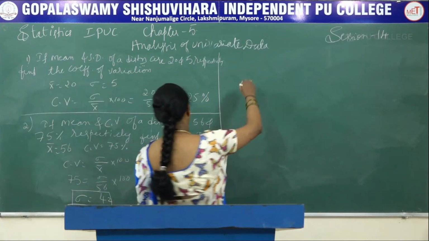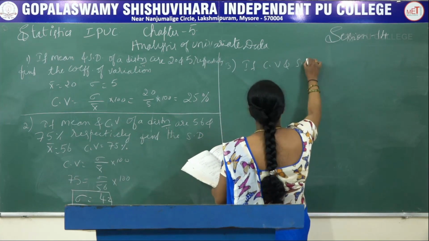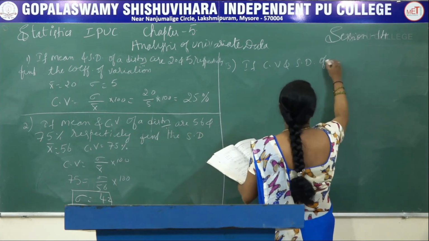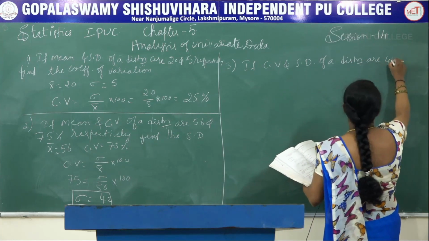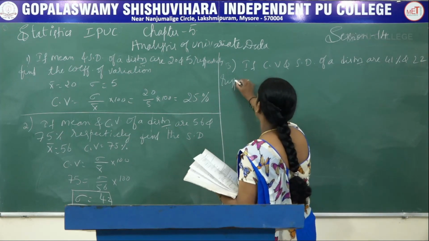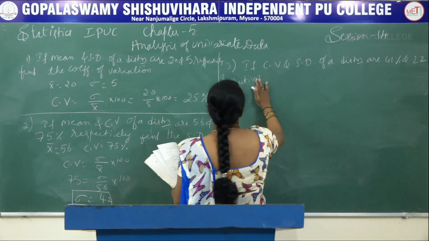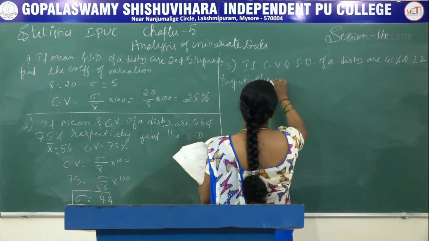And next problem. If CV and standard deviation of a distribution are 41% and 22 respectively, find the mean.